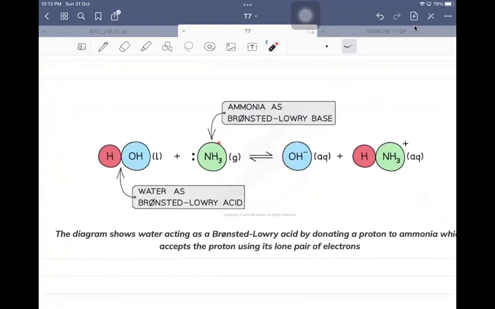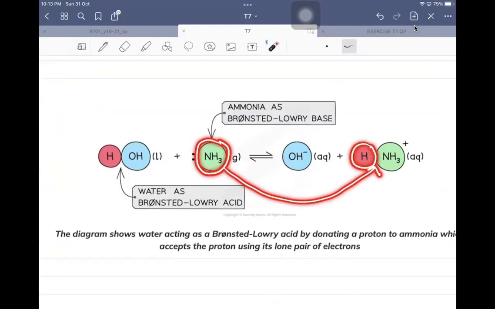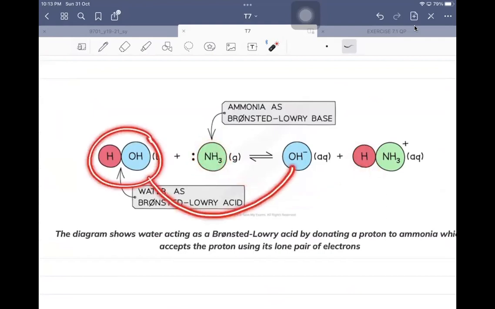Again, notice that ammonia becomes NH4 plus, having accepted a H plus. In this case, ammonia is a proton acceptor, whereas your water is a proton donor. You can see that H2O has lost its H plus.